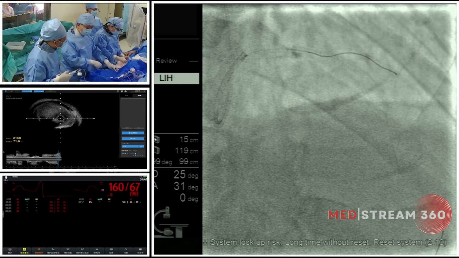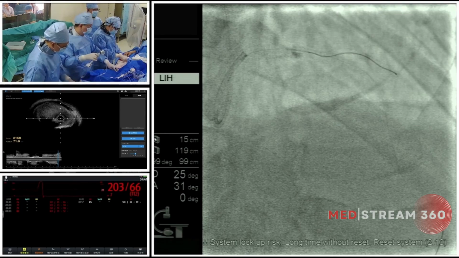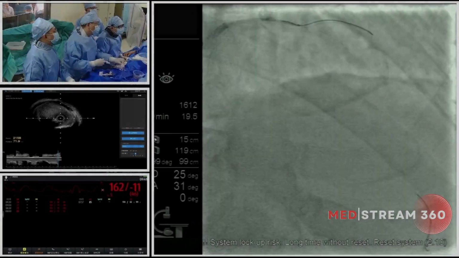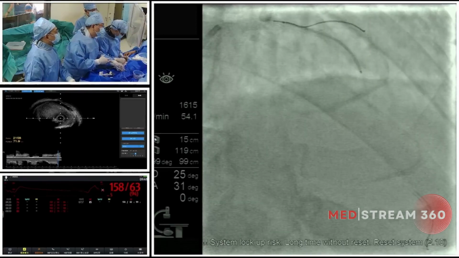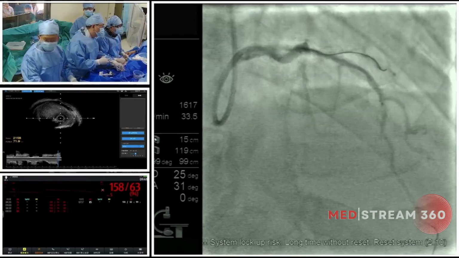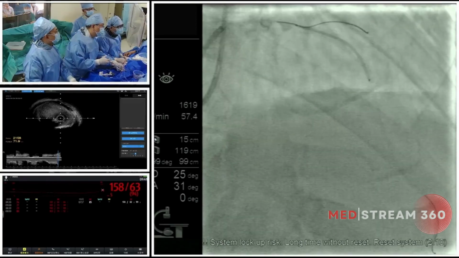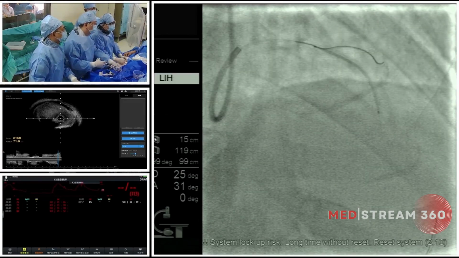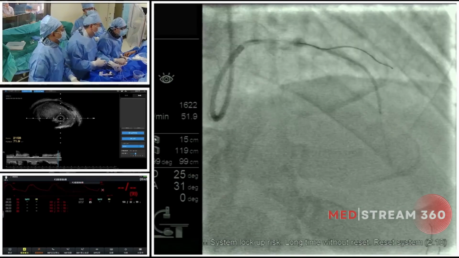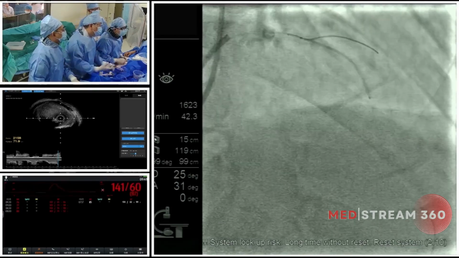So I performed rota first to dilate the lumen, in order to make it easier to deliver the IVL balloon and cross the significant stenosis portion of the lesion.